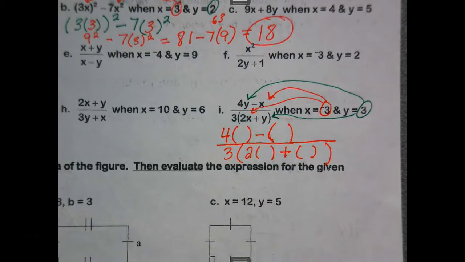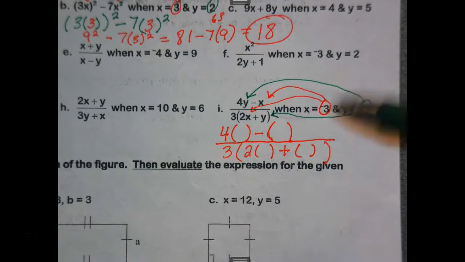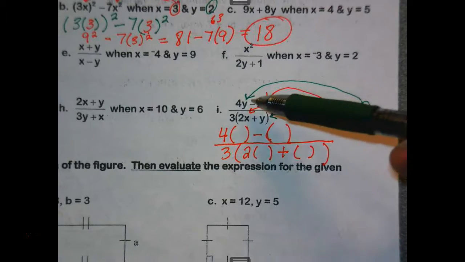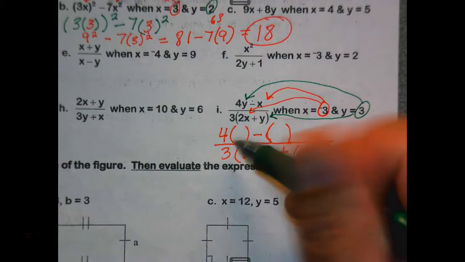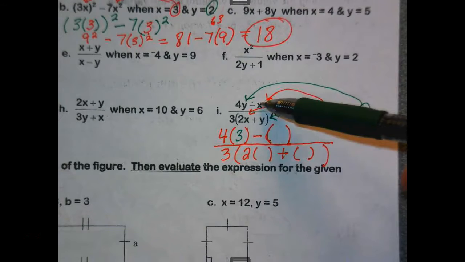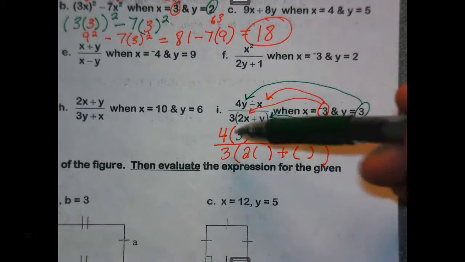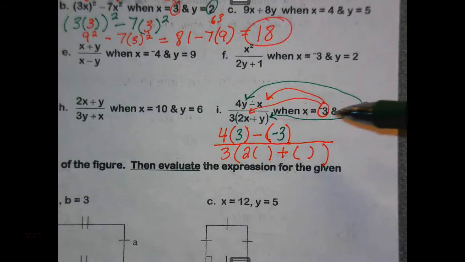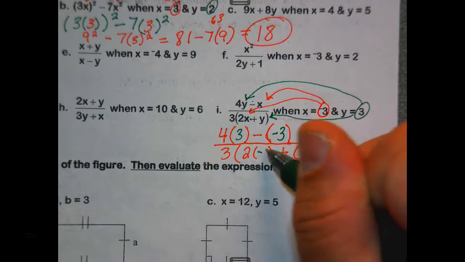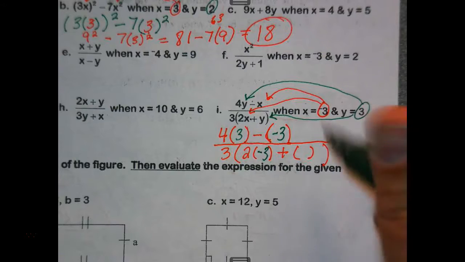Okay, I'm going to go back and substitute in my variables. Y is 3, x is negative 3. See, x is negative 3, and then y is 3.